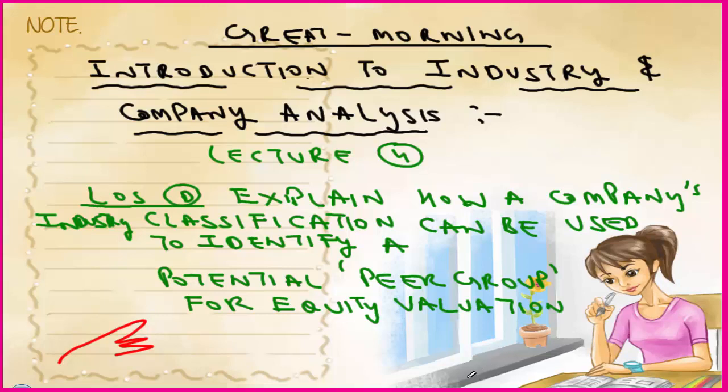Before I start with this learning outcome, I want to just tell you what is the meaning of a peer. Who are peer companies? What are the competitors? When I say peer, it means a company having similar features, similar cost drivers, similar activities, similar business model, similar revenue model.